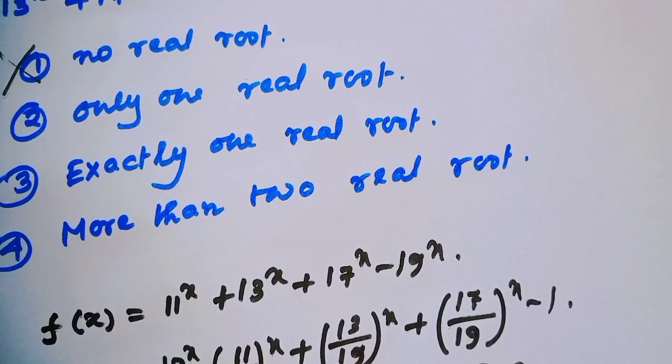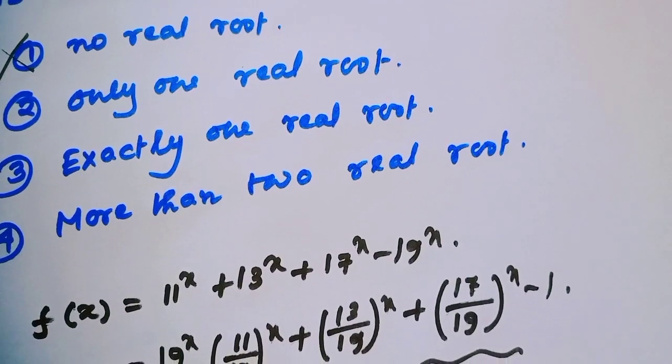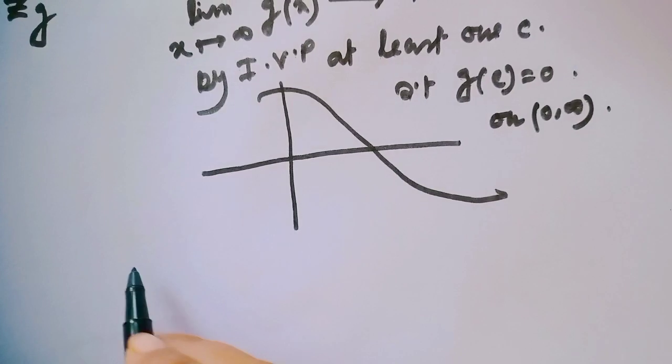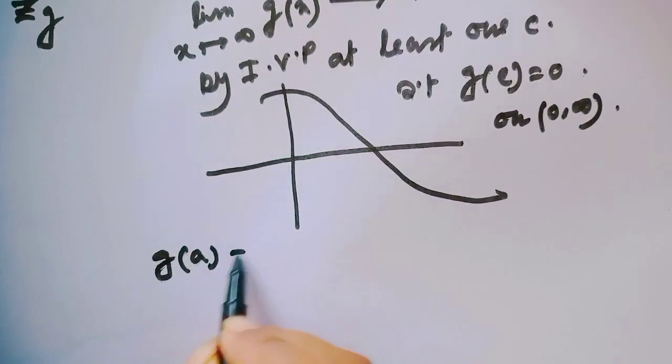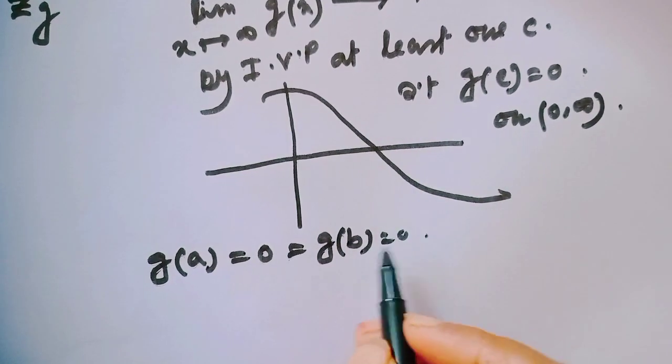At first consider there exists more than one root. Consider there exist two roots. That means g of a equal to 0 and g of b equal to 0.